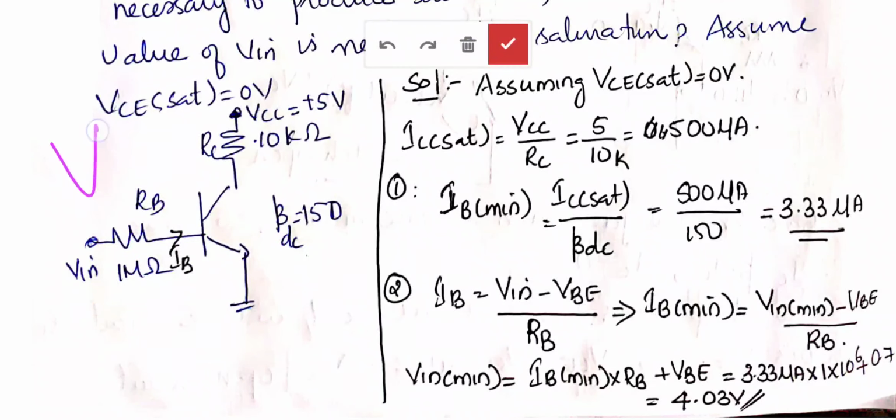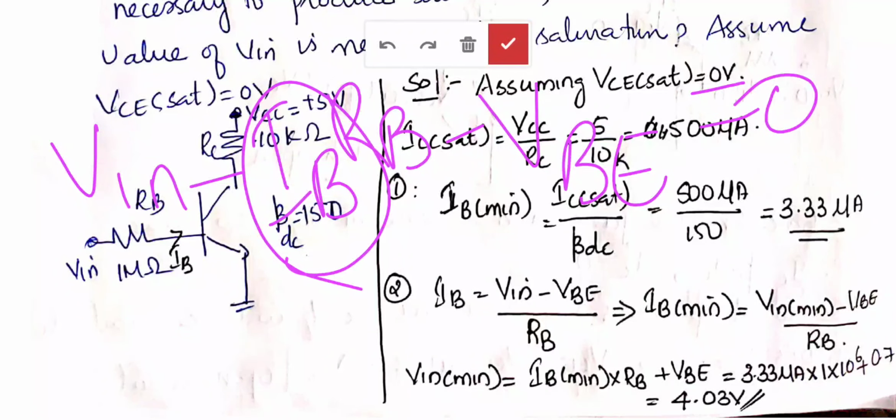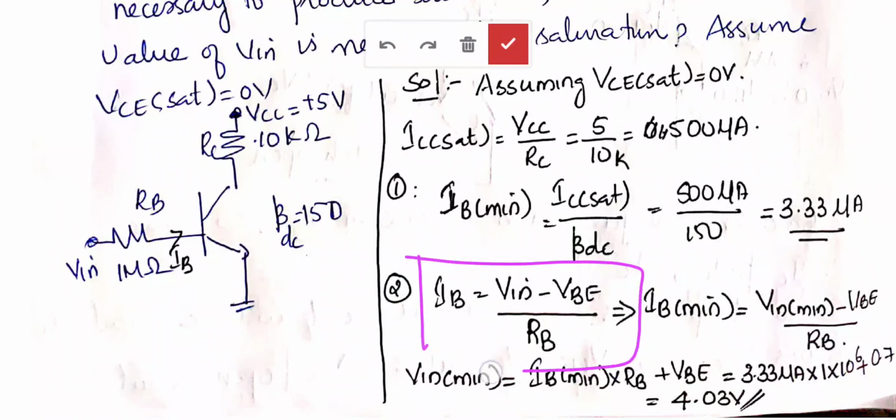That is Vin minus IB RB minus VBE, the base emitter junction voltage 0.7, is equal to 0. In this equation, what is IB? IB is nothing but Vin minus VBE divided by RB. So you can see here IB is equal to (Vin minus VBE) by RB.